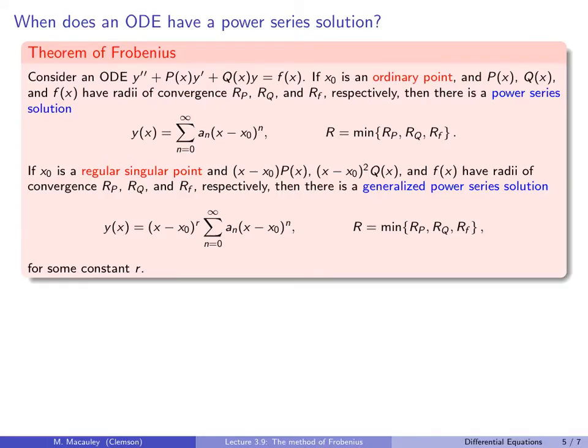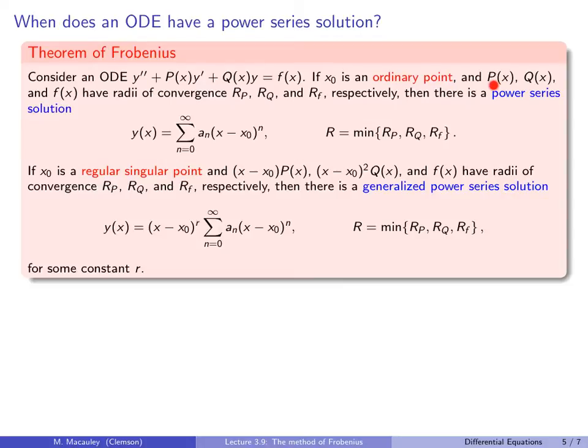Okay, so here's the main theorem of the section. And I've said a lot about this leading up to it, sort of hinted at where we were going, especially in the previous slide. So suppose we have a differential equation, second order like this in our standard form. So if x naught is an ordinary point, this is the first case, that means that p, q, and f have power series, but they might not be defined everywhere.